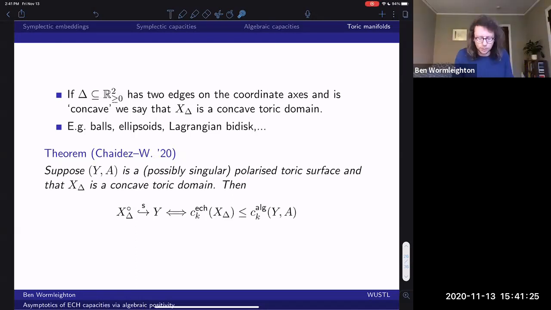And then a consequence of the previous theorem, which is due to Julian and I: suppose Y, A is a possibly singular toric surface with an ample divisor A, and suppose that X_Δ is a concave toric domain. Then the algebraic capacities completely obstruct, or completely characterize, symplectic embeddings of the interior of this concave toric domain into Y, where once again Y is viewed as a symplectic manifold via A.